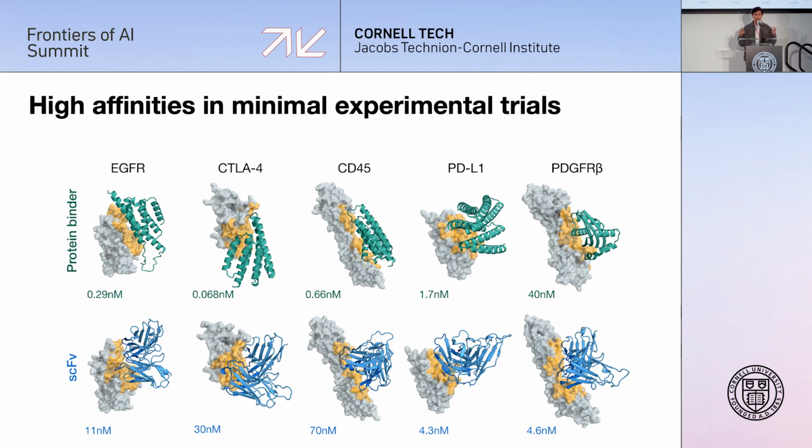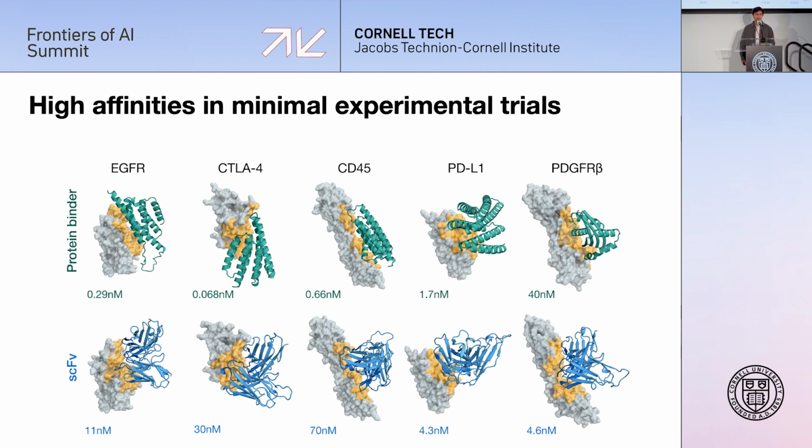So we want to eventually take these models and translate them into the real world. And we do that by designing binders to 5 different targets. These are targets that are relevant in cancer and other diseases. And we design them in 2 modalities. One of them is mini binder design, which is generally easier, and that's in the top row.